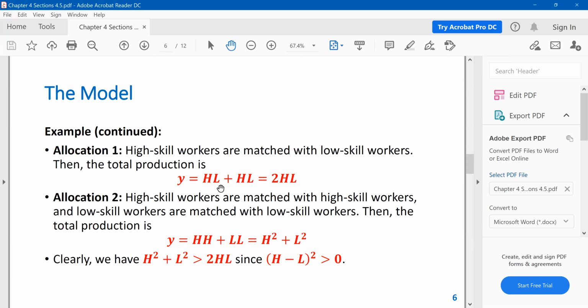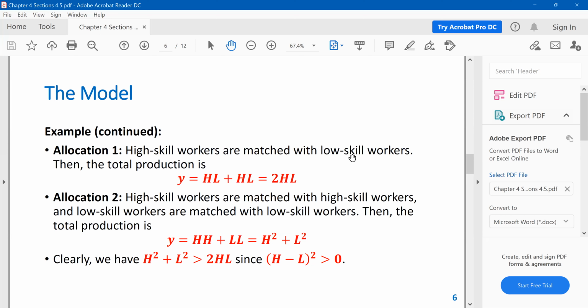Because this is QI times QJ. And in the other cycle, I have now two other workers. One is again high skill. The other is low skilled. And again, production from this match is H times L again. So total production is equal to 2 times HL.